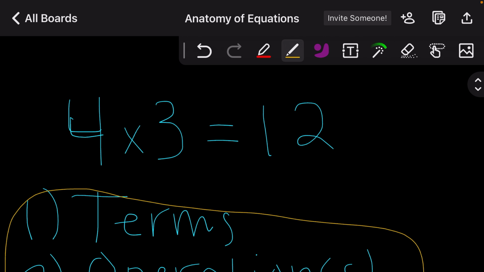So first, let's identify the terms. Terms are going to be the numbers 4 and 3 and the number 12. That's all. These are all of the terms in this particular equation.